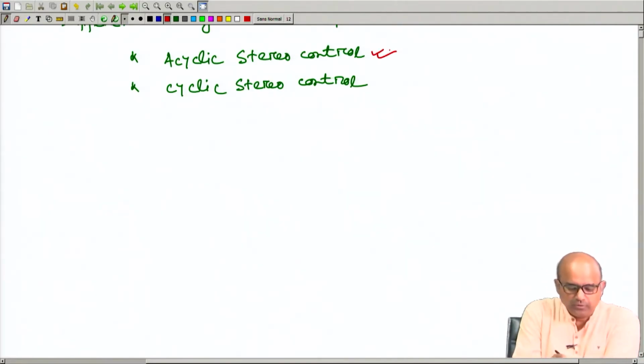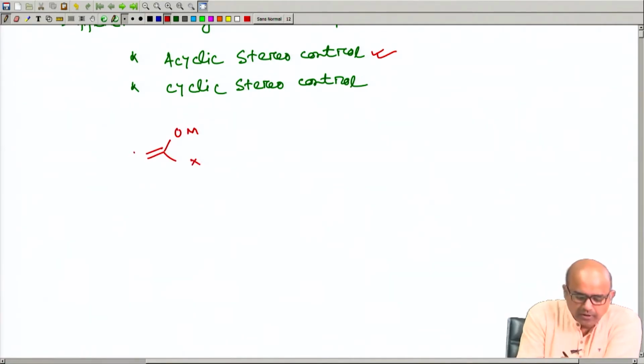Now, acyclic stereocontrol means that you basically have a typical enolate. Let us say you have an enolate. You have different groups Z and Y, and then you will find that particularly you have an extra connectivity here with a carbon-carbon bond, and you have a stereocenter here.